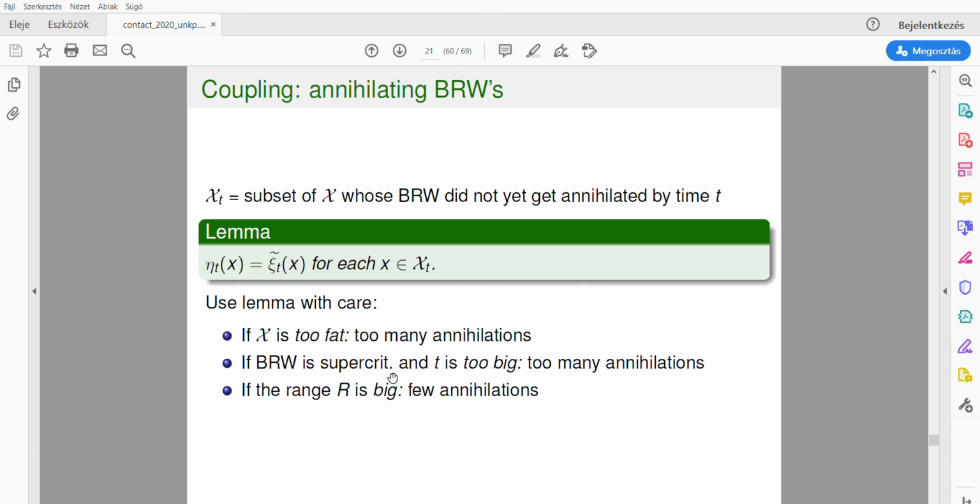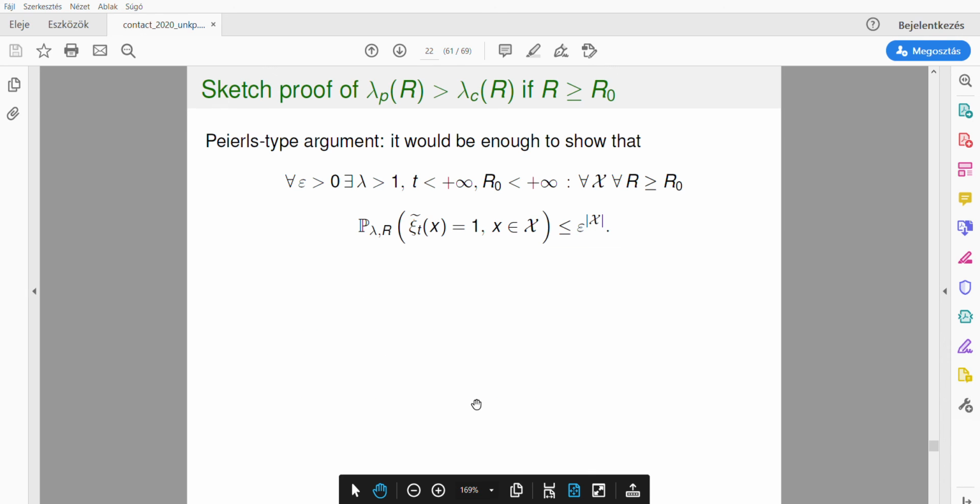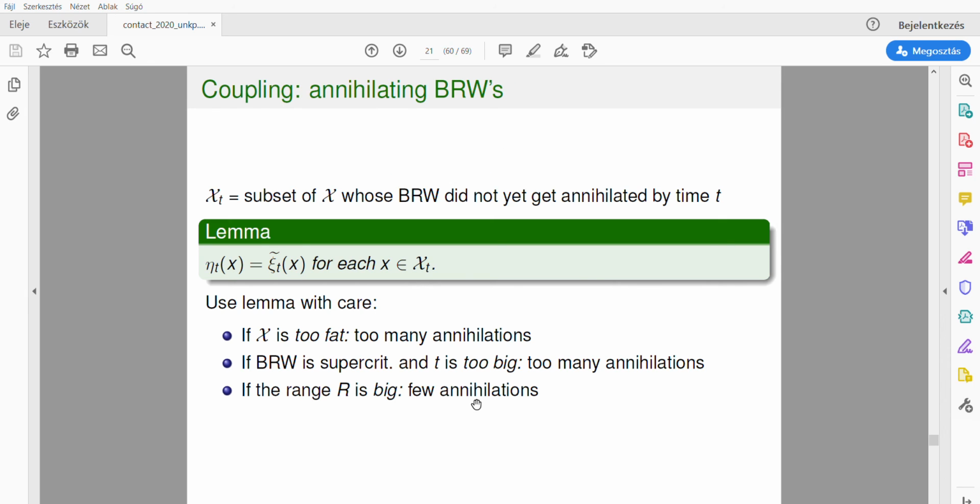So if I can make R big enough, there are going to be few annihilations. And this lemma, this coupling, can be used as an ingredient of the proof.